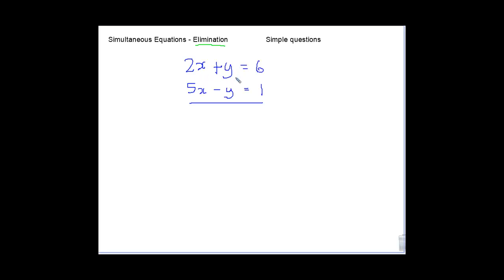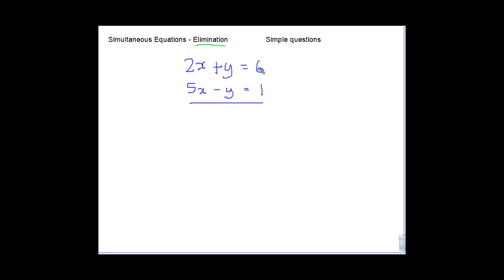So we can have positive or negative numbers in front of our x and y's, but we are adding or subtracting them. So with this one here, what we want to do is find the values of x and y that allows us to find exactly what set of values for x and y satisfies both these equations.